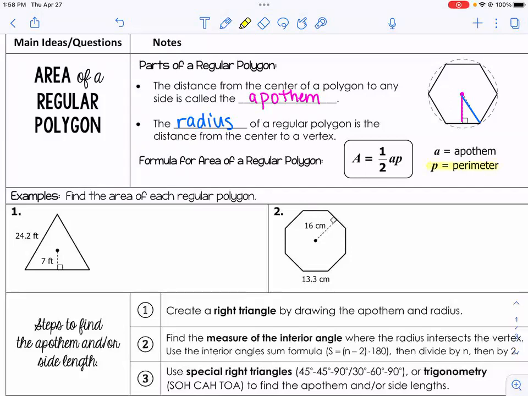Now, you know what perimeter means, right? Perimeter means you add up all the lengths of the edges and add them together. So the formula we need to understand is the area of any regular polygon. What does it mean to be regular?